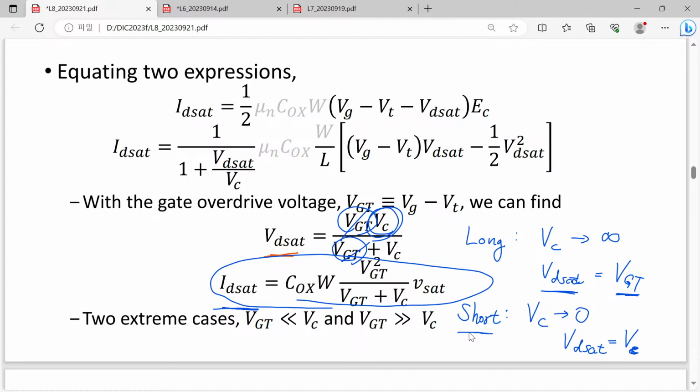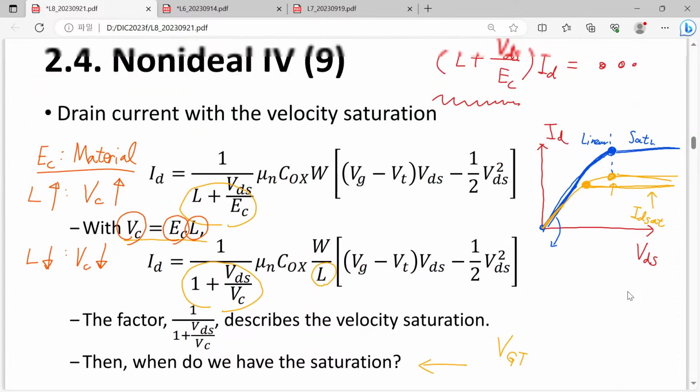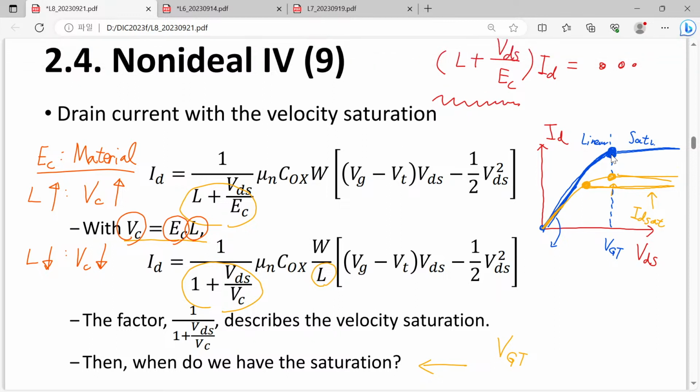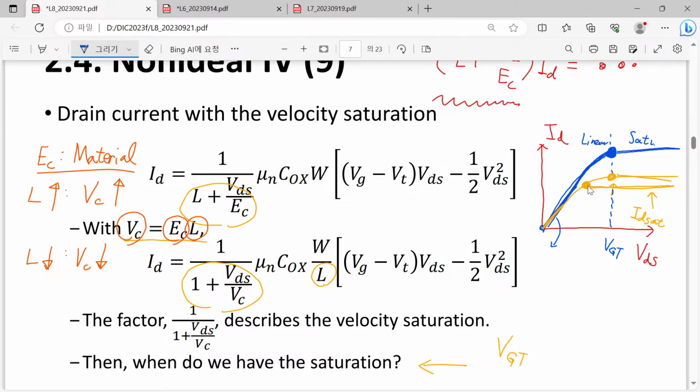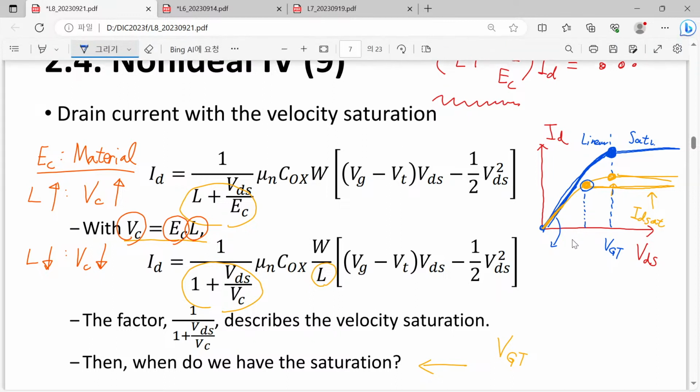So simply speaking, if we have a short channel device, then we have early saturation. Previously we had the gate overdrive voltage as the transition point between linear and saturation mode. However, if we have quite a short device, then we may have the transition lower than this gate overdrive voltage.